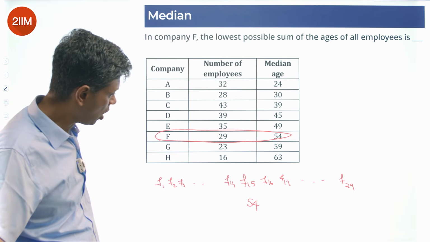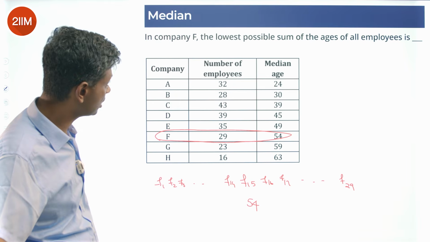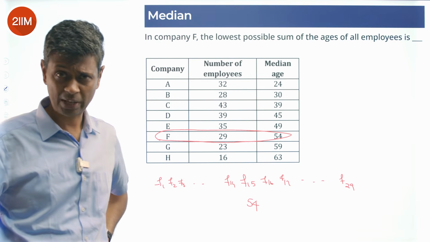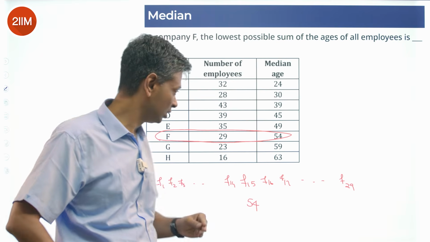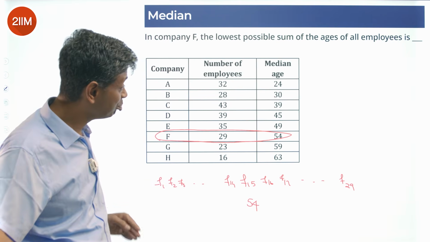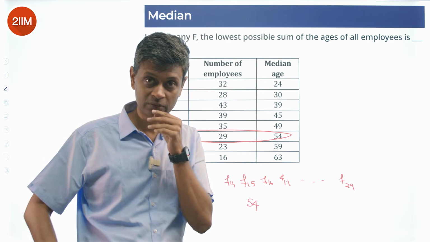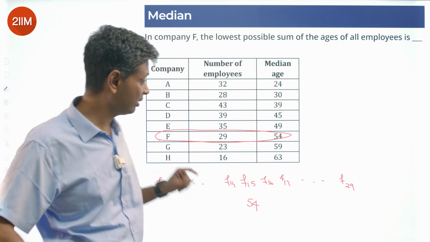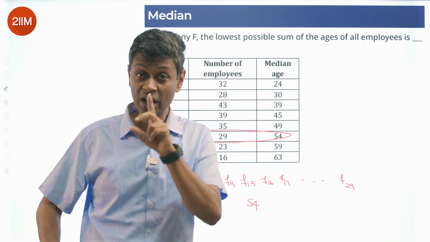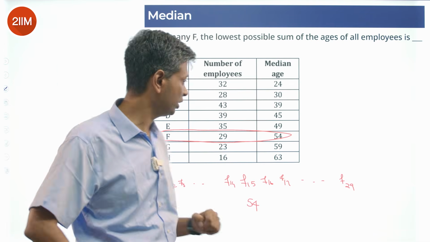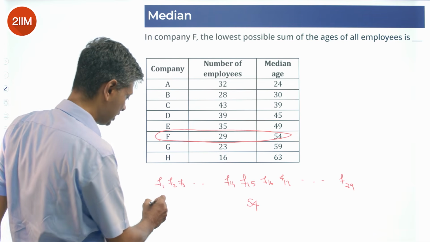Now I want the overall sum to be as low as possible. Every number to be as low as possible. Maybe I'll put this as 1, 1, 1, 1, 1, 1, 1, 1. That's not possible because E's median age is 49. Every employee in F is older than every employee in E. So the youngest possible employee in F has to be at least 50.